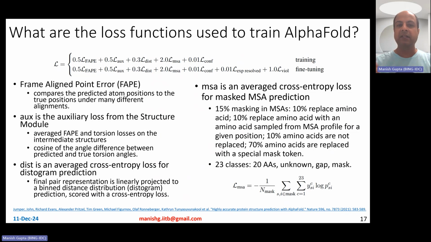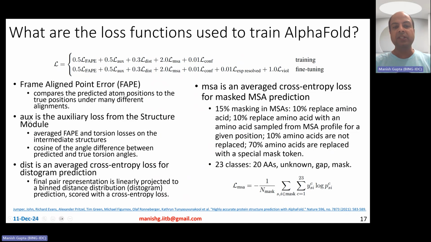It's like a Euclidean distance comparison, but it is done under many different alignments. If you look at a molecule this way or in a slightly different way, you can see that the distances differ. Therefore, what people do is compute this frame aligned point error under different alignments, and then take the averaged out loss, the averaged out differences in distances between those main atoms.